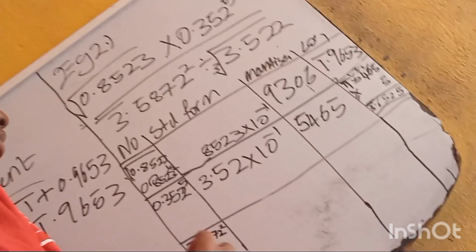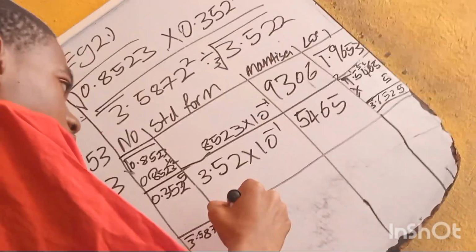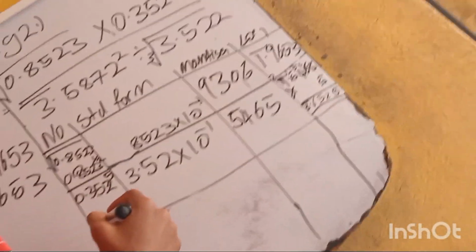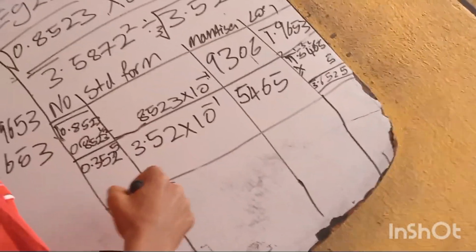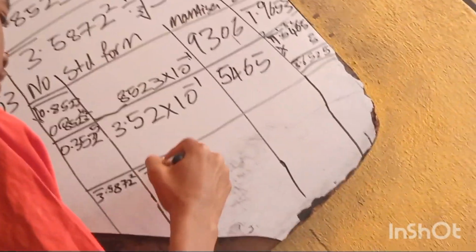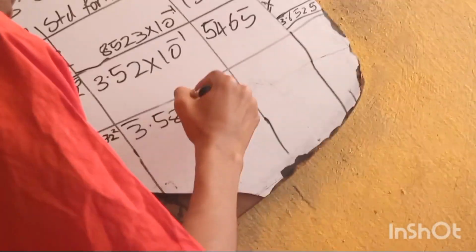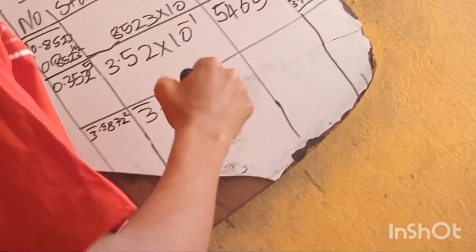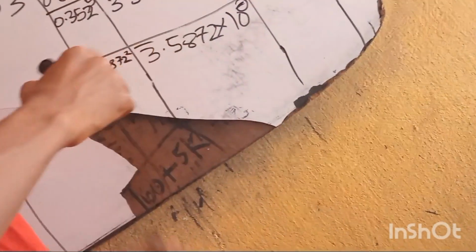The standard form is 3.5872 times 10 raised to the power of 0.